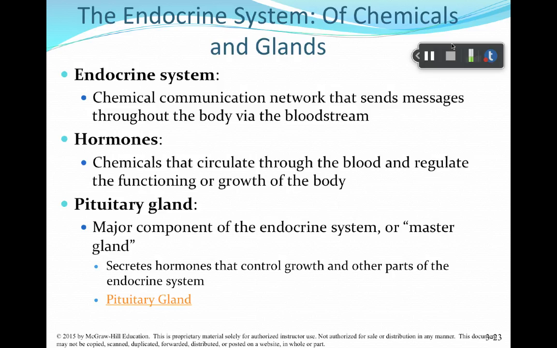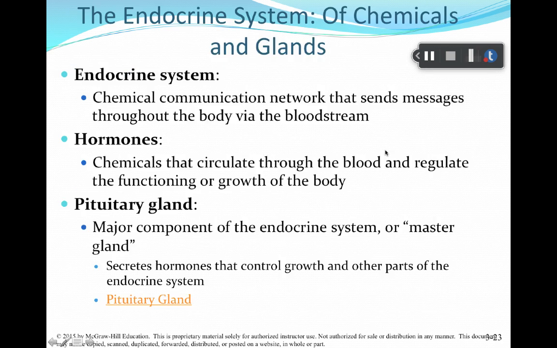Hormones are not just relevant for puberty. Hormones help create the homeostasis of our body. They regulate the functioning and growth of the body. The pituitary gland secretes hormones that control growth in other parts of the endocrine system.